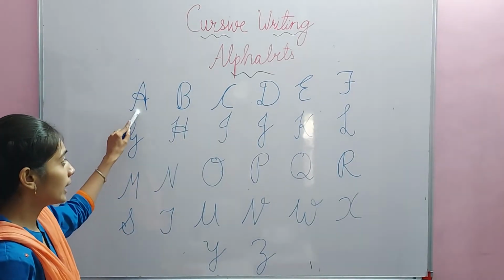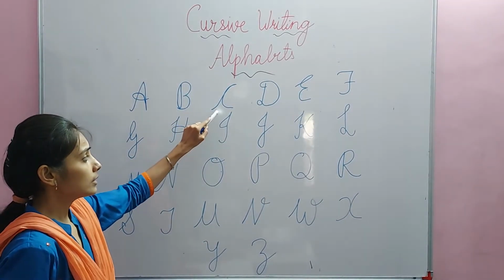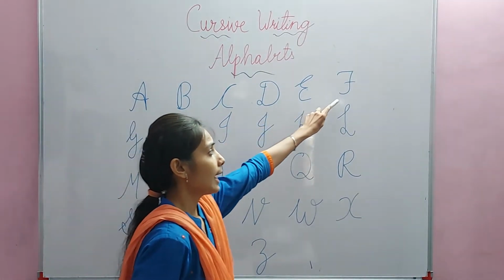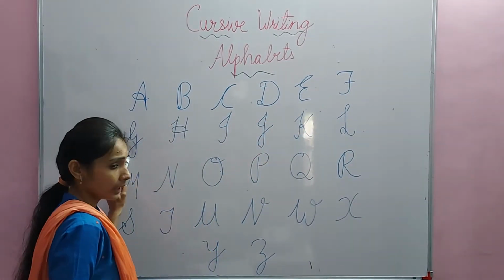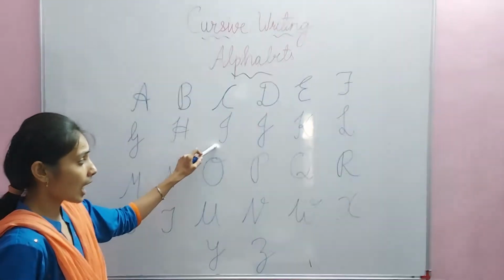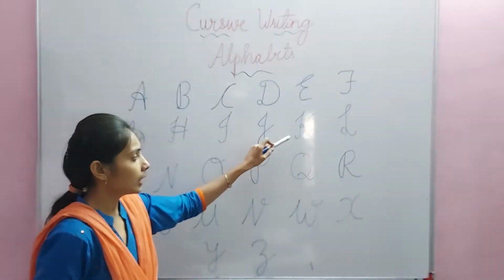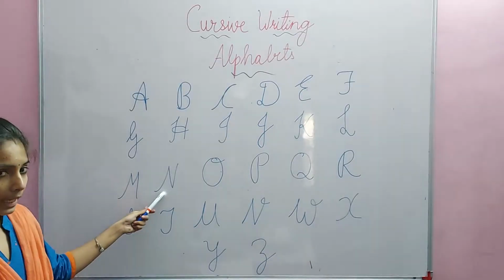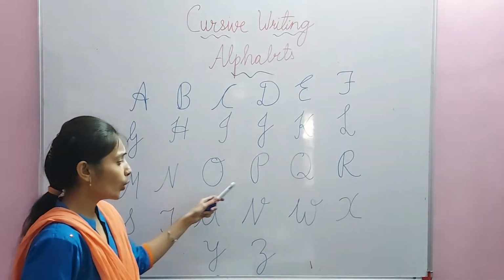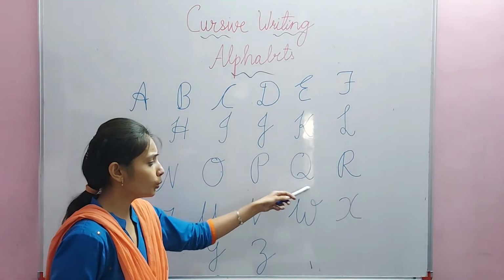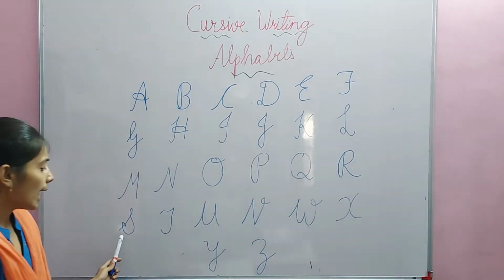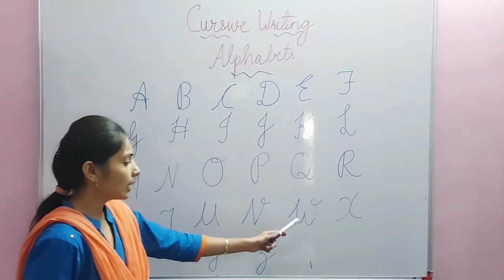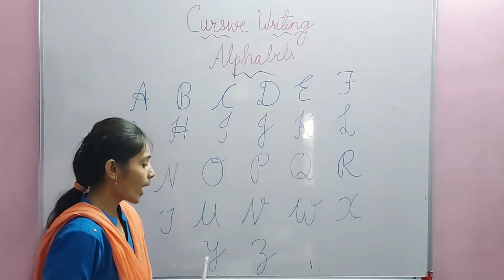Again we will repeat A, B, C, D, E, F, G, H, I, J, K, L, M, N, O, P, Q, R, S, T, U, V, W, X, Y and Z.